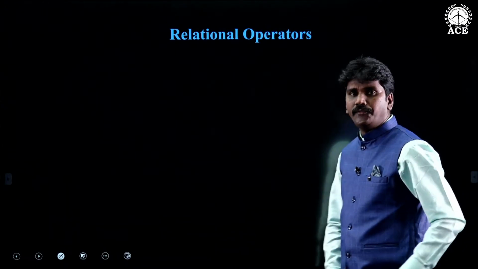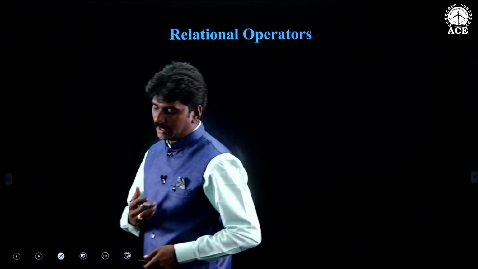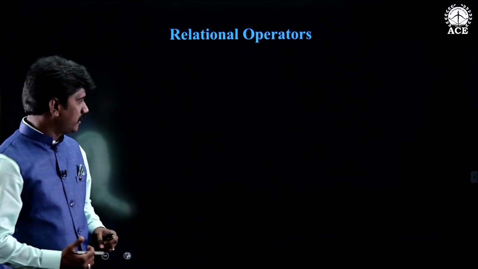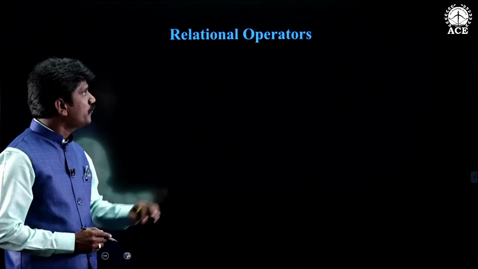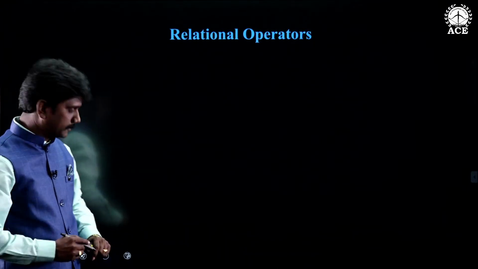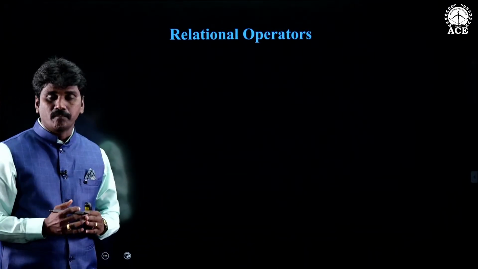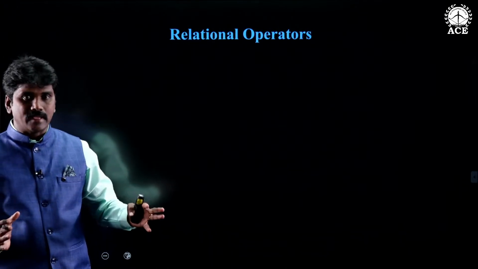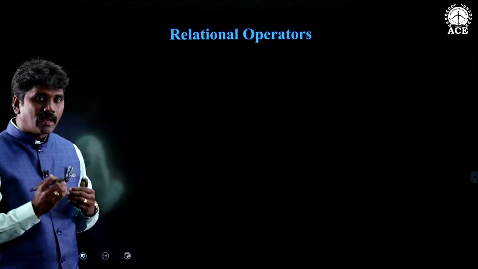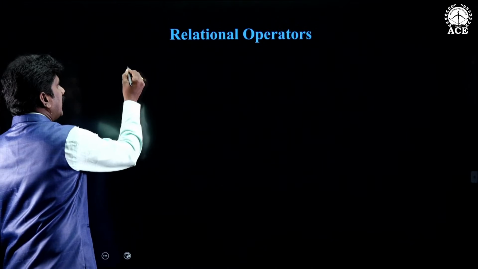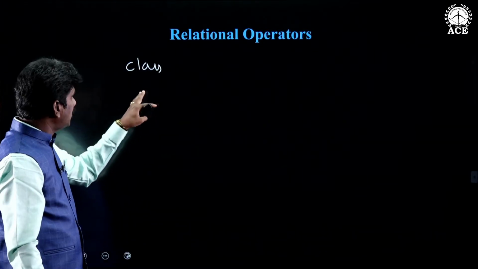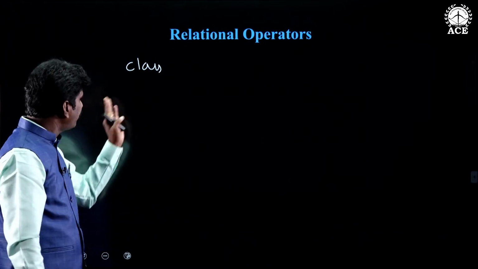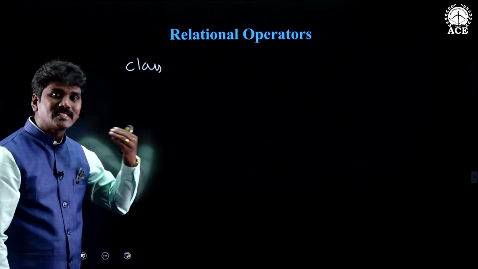If we write one Java program for relational operators, how can we write it? The first thing, we need to take a class, using class as the keyword, and after this we have to take the class name.